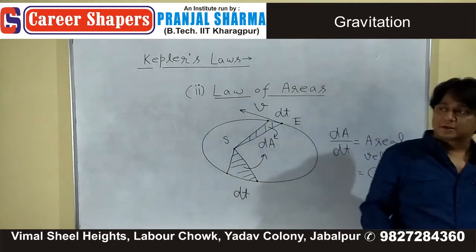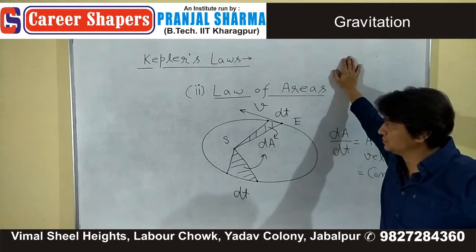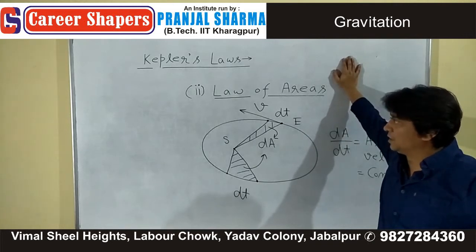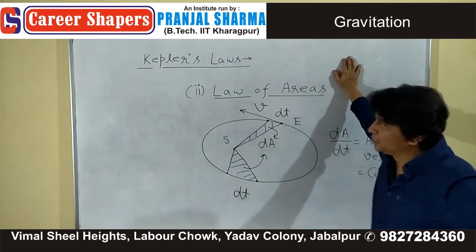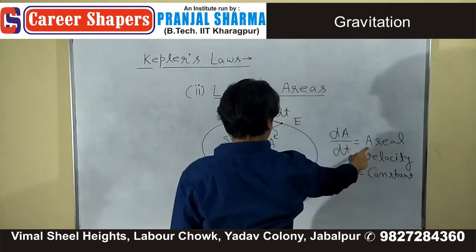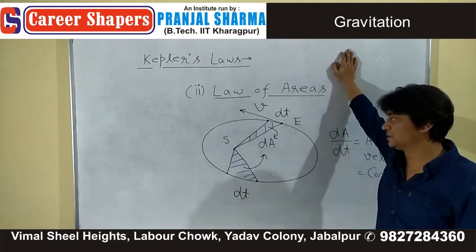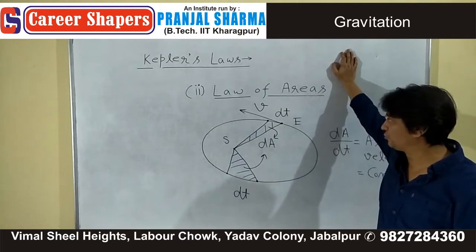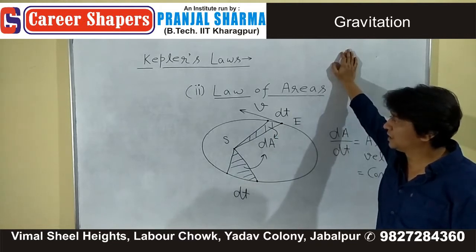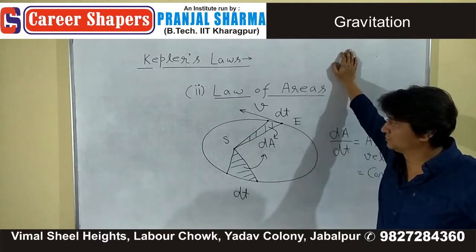As a planet comes closer to Sun, to have the same aerial velocity, its speed should increase.